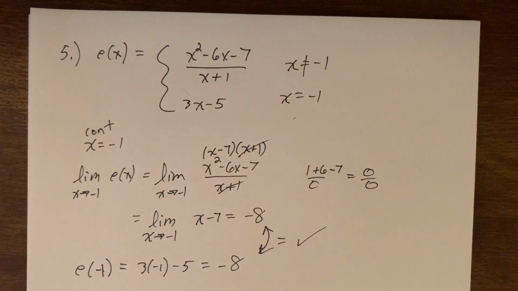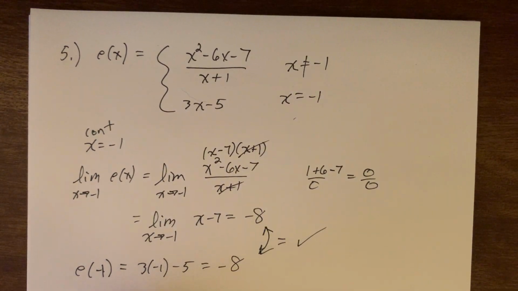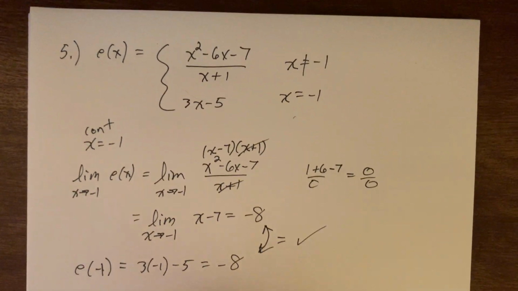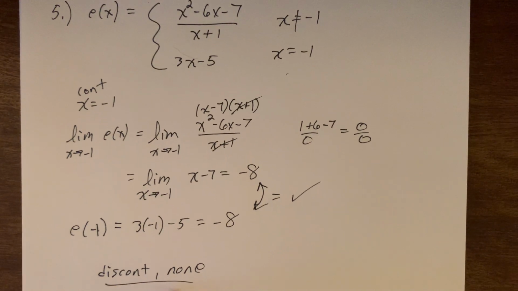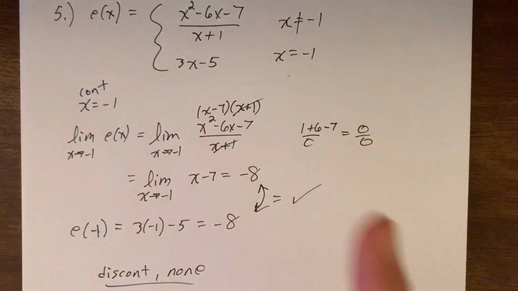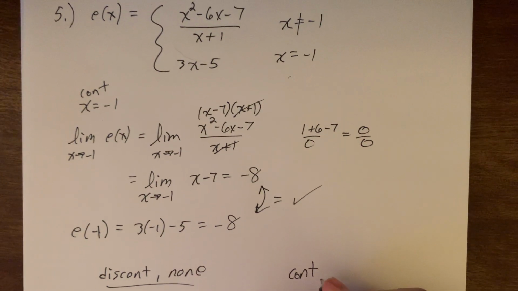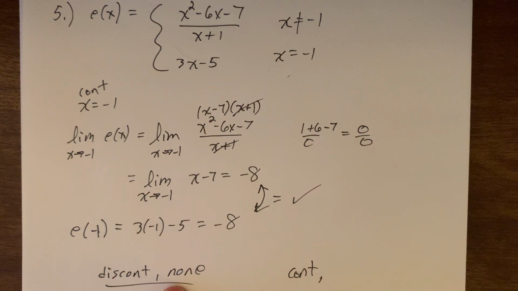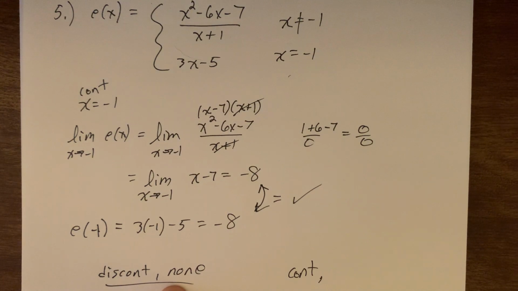So what is the question, everybody? If we were focusing on the discontinuities, the answer is there are none. There are no discontinuities for function e of x. And with no discontinuities, there's nothing to classify as removable or not removable. And for where is the function continuous, well, there's nothing to throw out.